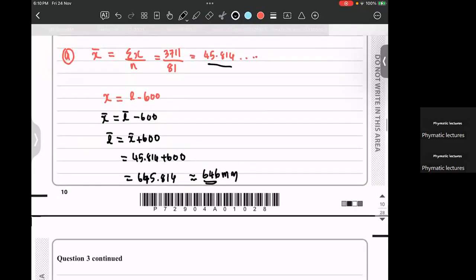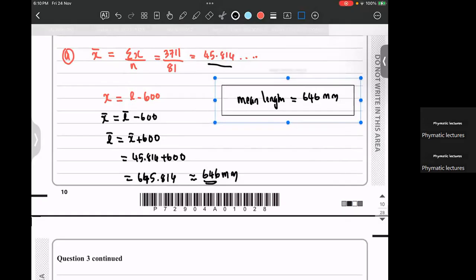That is the answer for this. So mean length is 646 mm.